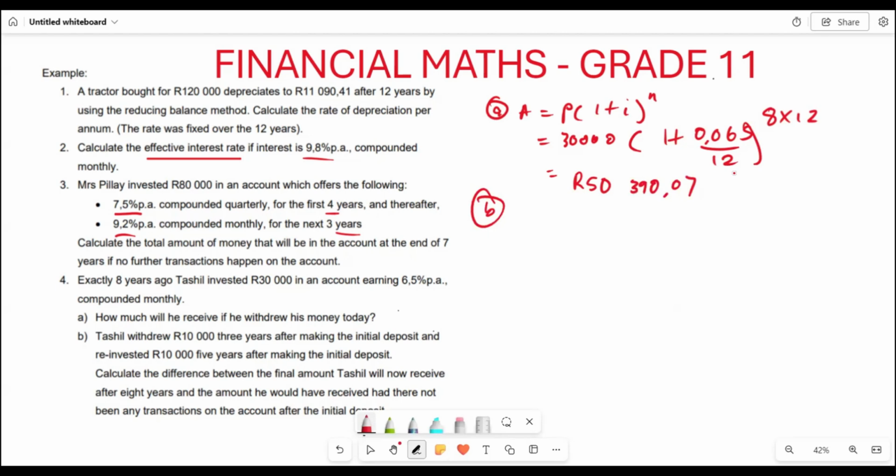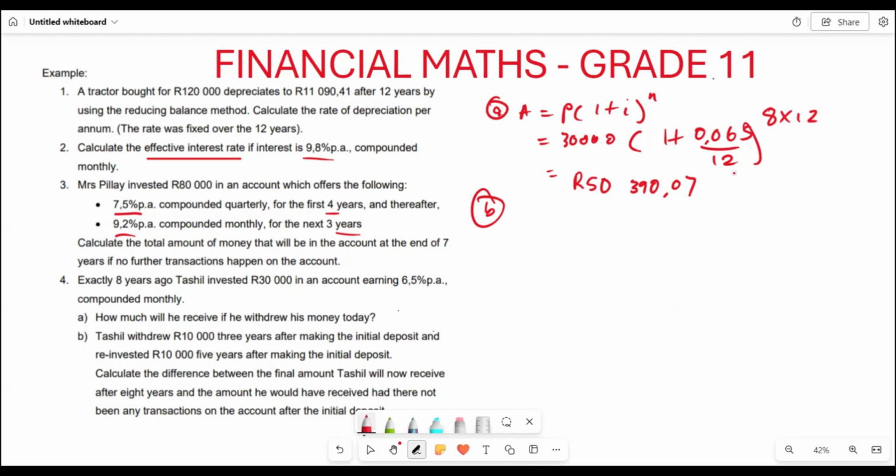Now calculate the difference between the final amount that Tashil will receive after 8 years and the amount he will receive had there not been any transaction on the account after the initial deposit, right?